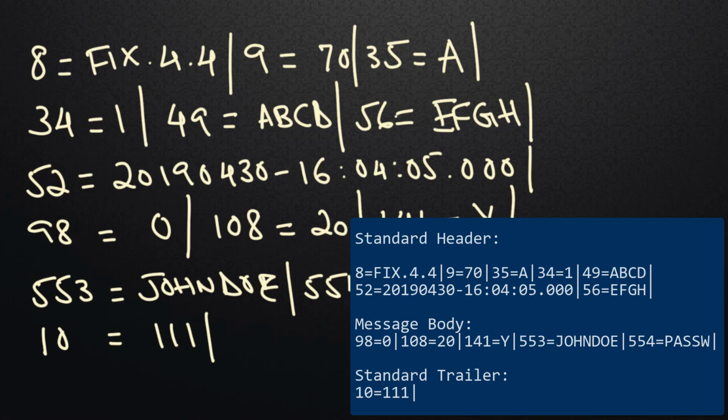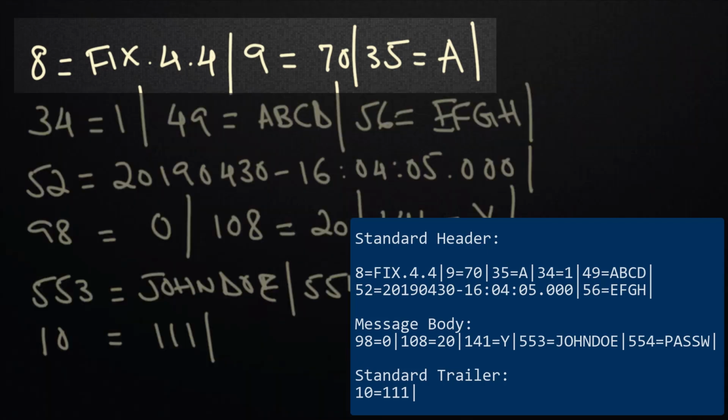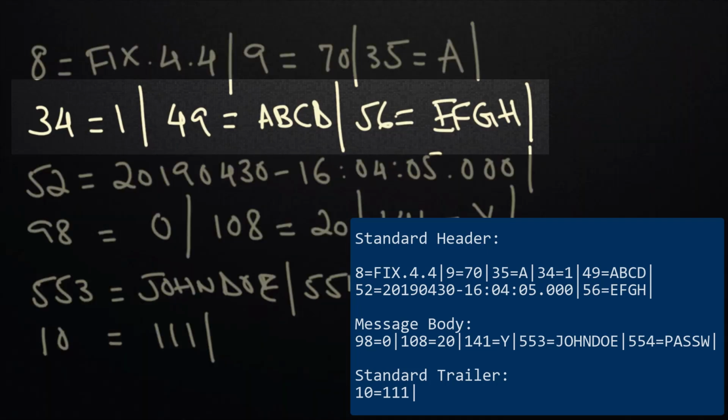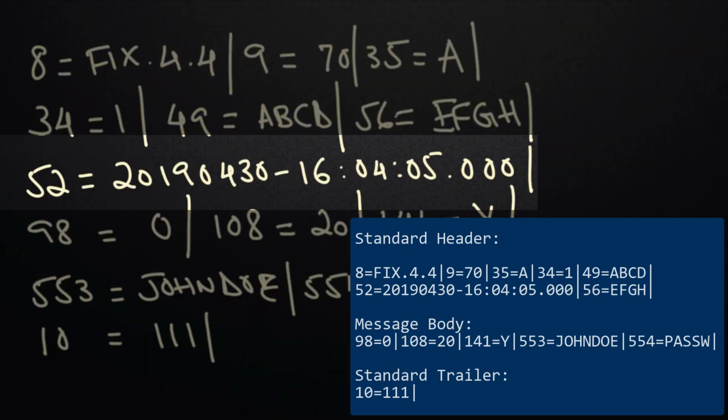So we start off with begin string is FIX 4.4, body length of 70 in this case, 35 equals A is the logon message, 34 equals 1 is the first message sequence number, 49 is your SenderCompID, which we've just used an example of ABCD, 56 equals TargetCompID, which is EFGH, 52 is the sending time, the moment at which we've sent, in UTC time zone, the time at which we're sending this message across.